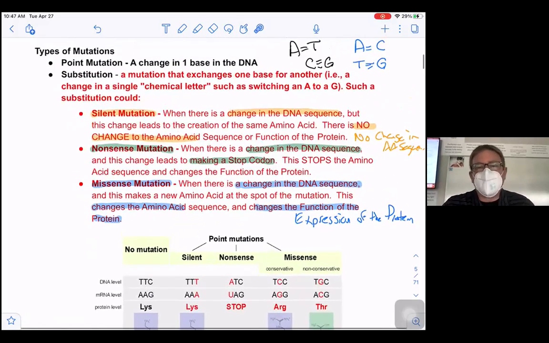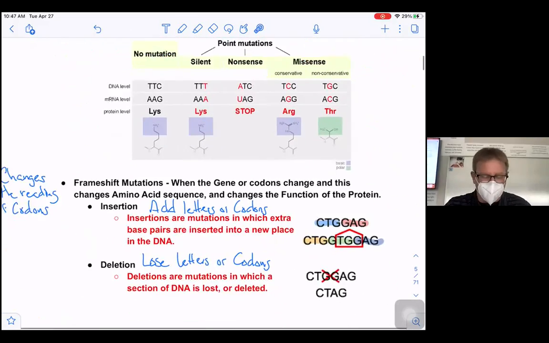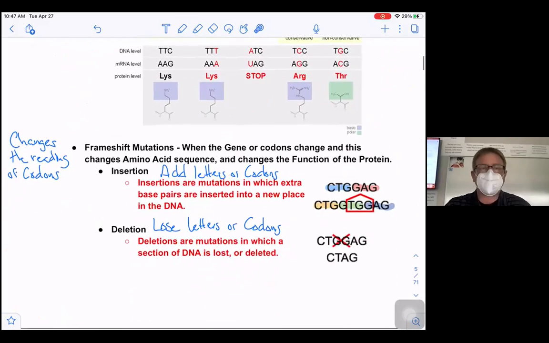Now, the other type of mutation that we find is what we call a frame shift mutation. In a frame shift mutation, we're changing the reading of the codon. It's actually changing how the three-letter sequence is getting read.